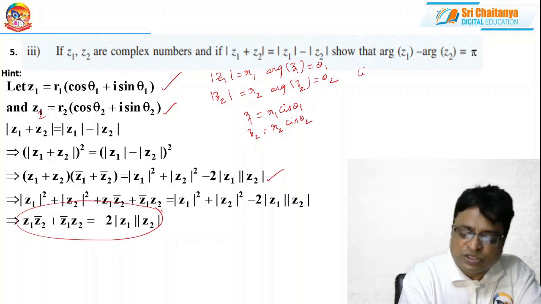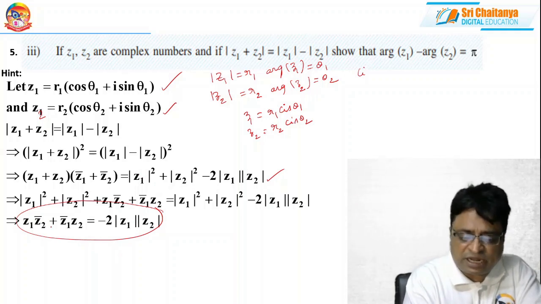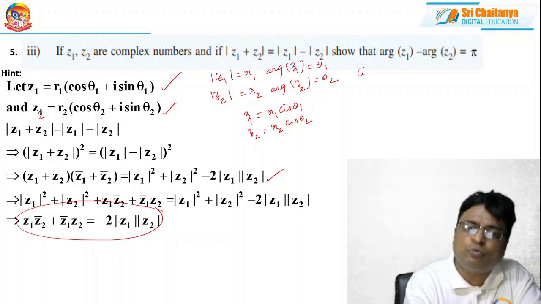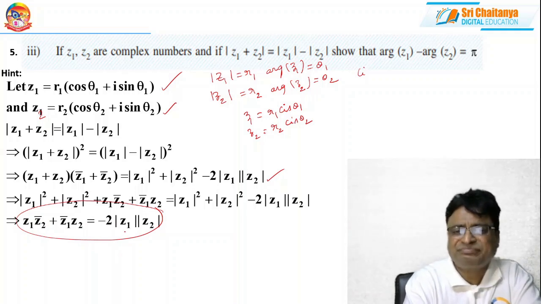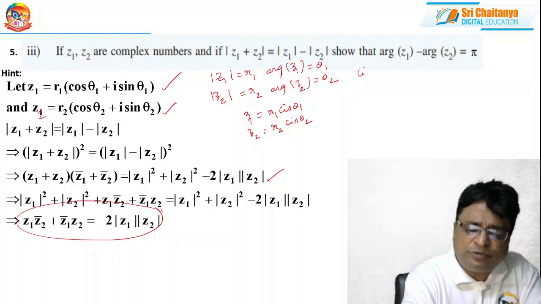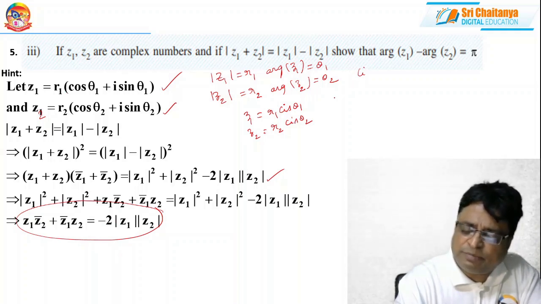Here, after simplification, I got z1 z2 bar plus z1 bar z2 is equal to 2 mod z1 mod z2. Now, see my friend, z1 is equal to this one. Then z1 bar equals what?